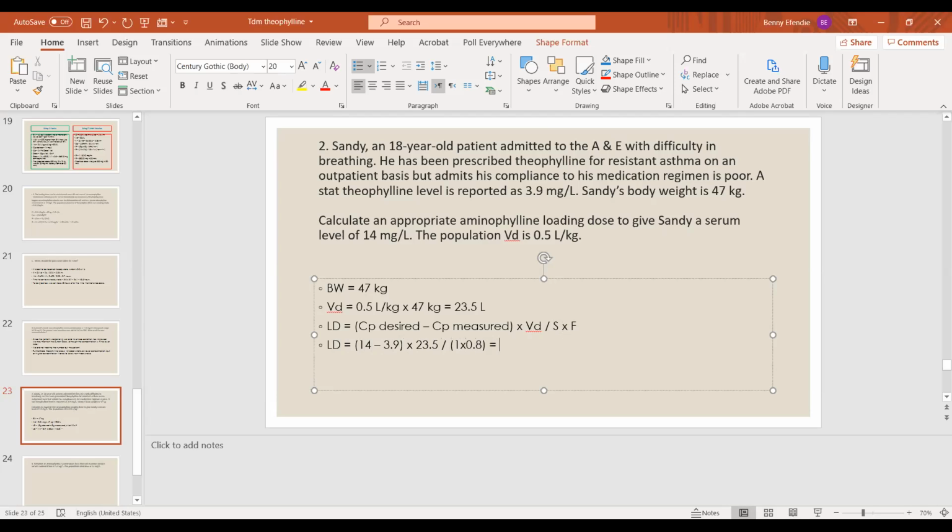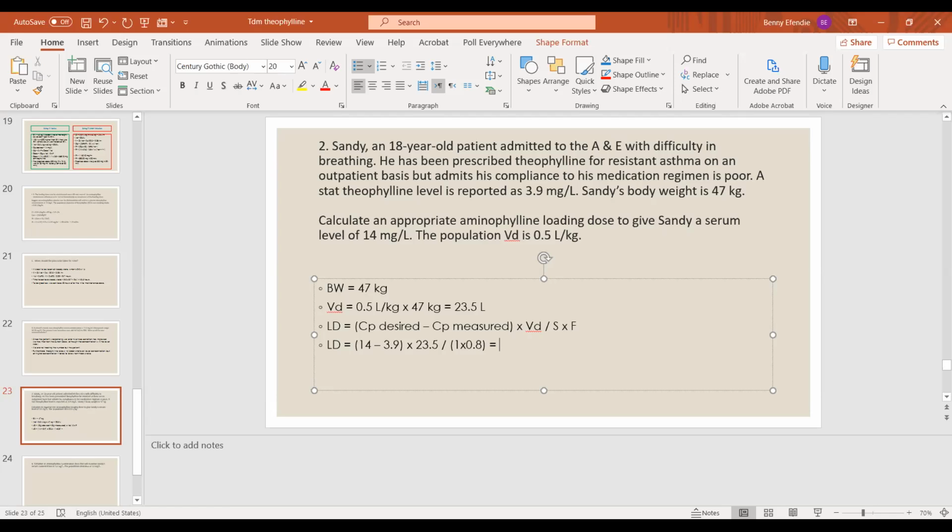So this one is 10, right? 10.1. Because 14 minus 3.9 is about 10.1. Then 10.1 times 23.5 divided by 0.8.